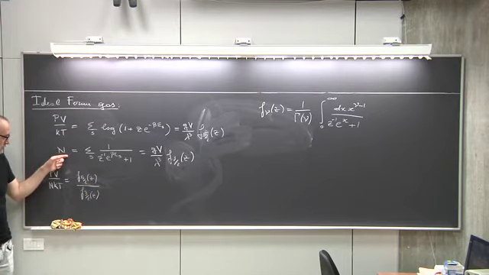So what you can do is set, to leading order, z equal to this, and then you will have 1 plus a constant times n lambda cubed over g.